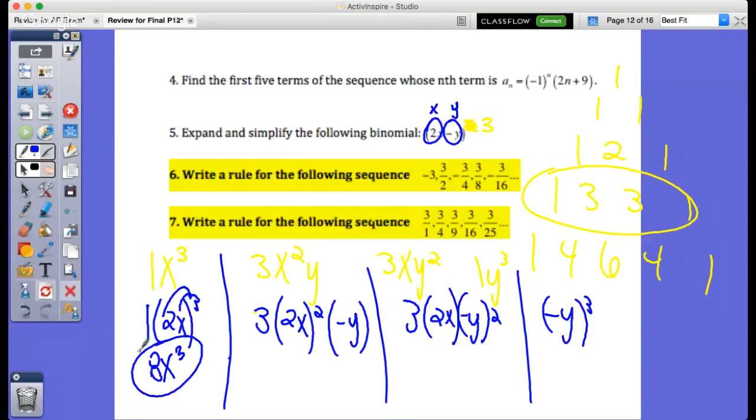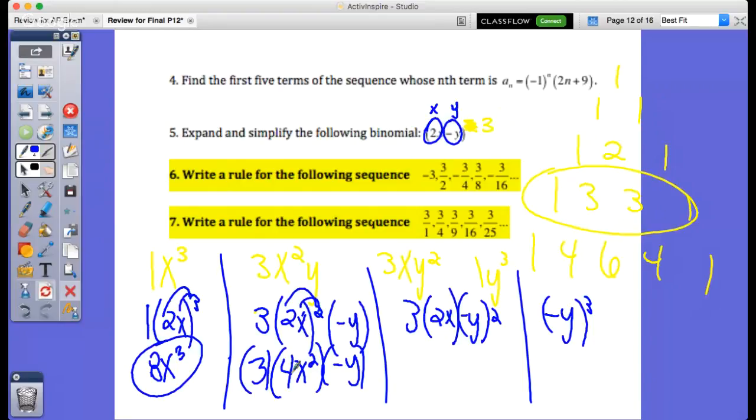So 2 squared would be 4, and then x squared would be just x squared. So then you get something that looks a little weird, but one of the things that a lot of people did was they would take the 3 and distribute it to both.